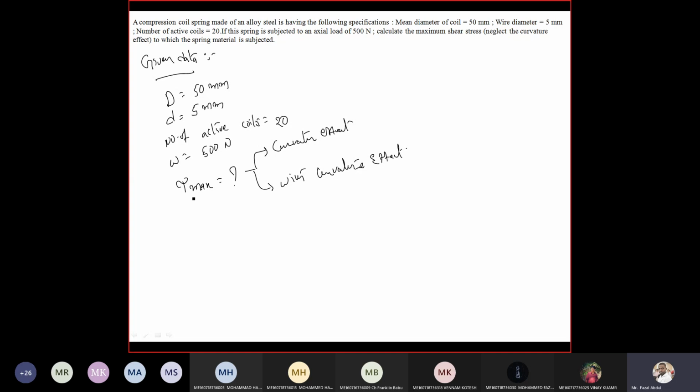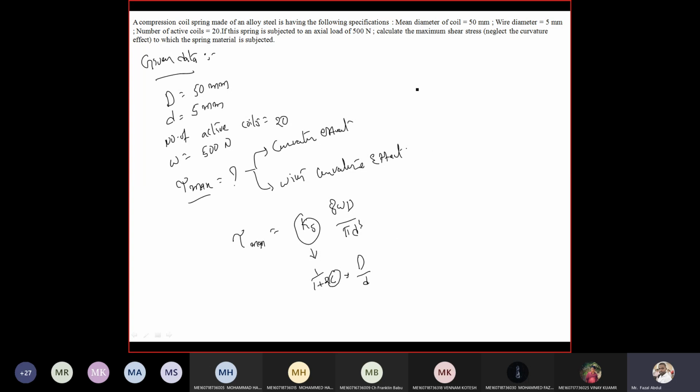Generally, without curvature effect, the maximum shear stress is the shear stress factor Ks into 8WD by pi d cube. So what is Ks? Ks is 1 plus 1 by 2C. What is C? C is the spring index, that is capital D by small d. Substitute all the values.